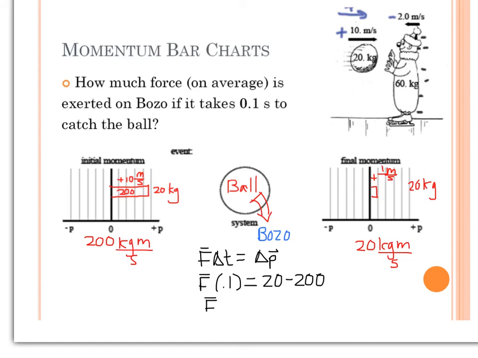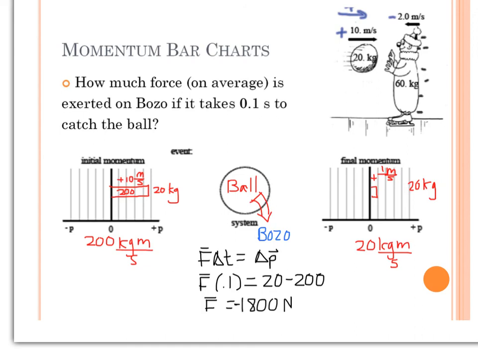Solving for force, we find that the average force on the ball is negative 1,800 newtons. And it's negative because Bozo would have been pushing the ball in the negative direction. So if I look up here in the picture, Bozo is pushing the ball this way.